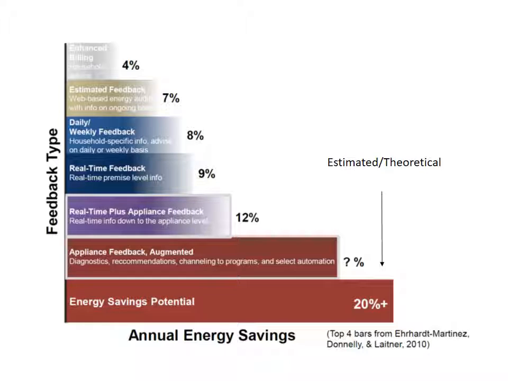So if you have enhanced billing, you can save 4% on annual energy consumption, and that just means maybe sending information to individual consumers that includes tips about how to save electricity or save energy during the winter or the summer. It could be like keeping your blinds drawn in the summertime until the sun's not shining through your windows and stuff like that, right?